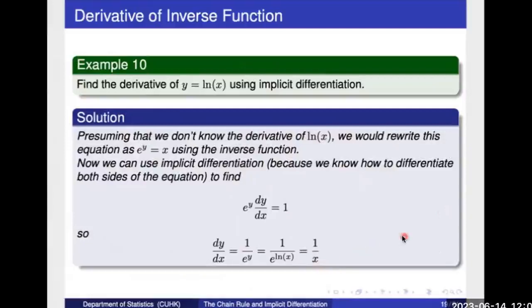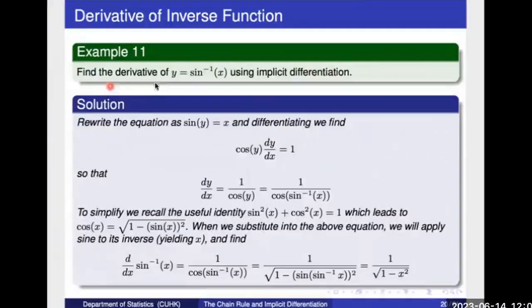Next example. Find the derivative of y equals sine inverse of x using implicit differentiation. Rewrite the equation as sine of y equals x, and differentiating we find cosine of y times dy/dx equals 1, so that dy/dx equals 1 over cosine of y, which is equal to 1 over cosine of (sine inverse of x).